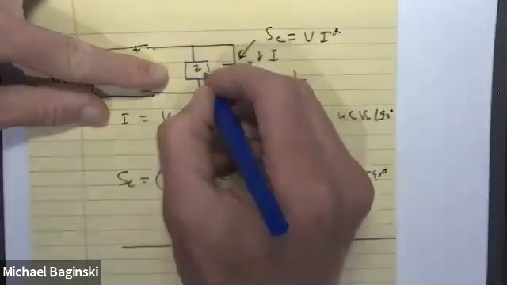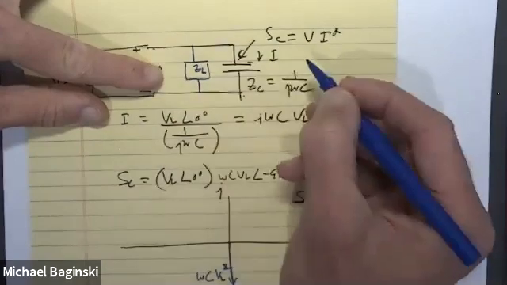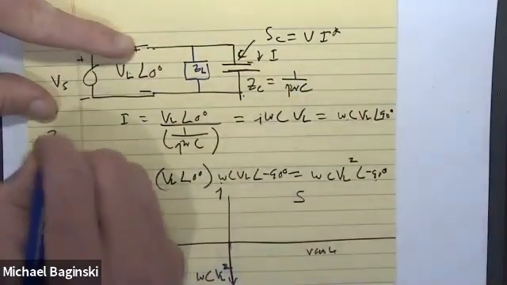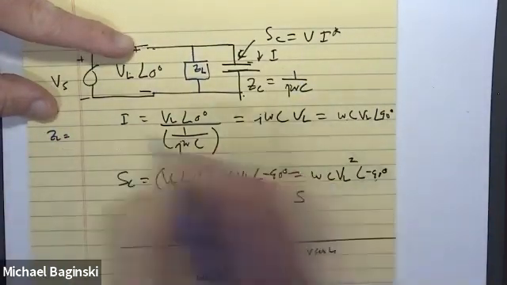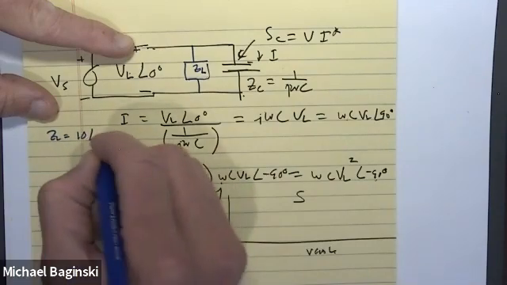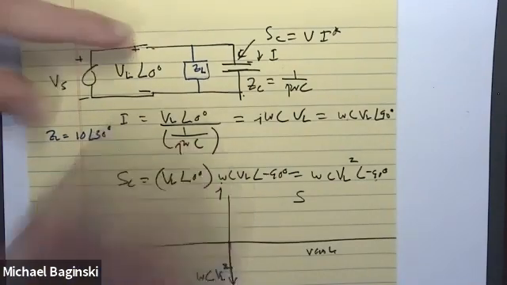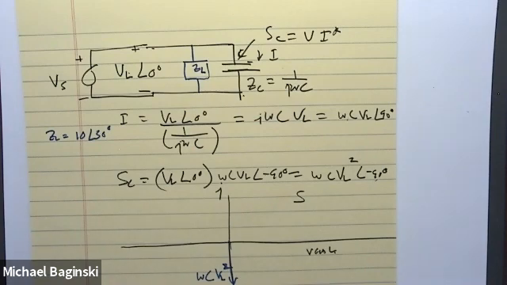I'll call this Z load right here, and I'll say that Z load is just equal to, say, 10 at an angle of 30 degrees. Now that plus 30 degrees tells me that there's an inductance. It's got some resistance in series with some inductance. You with me? That 30 degrees just gives me that. I don't need to know the value of the inductor or the resistor, just the magnitude and the phase angle.